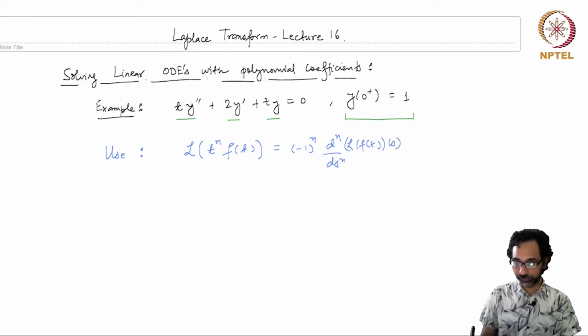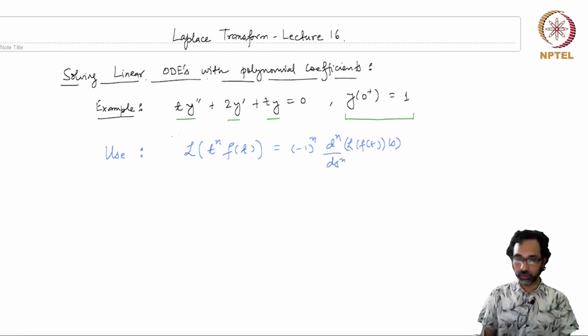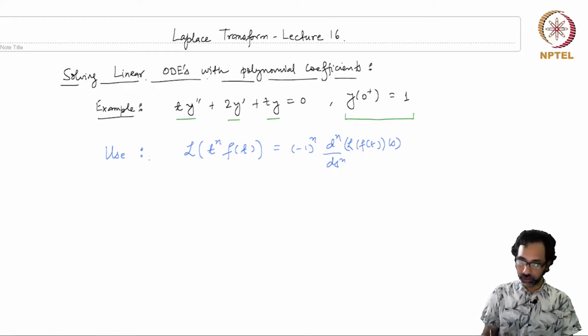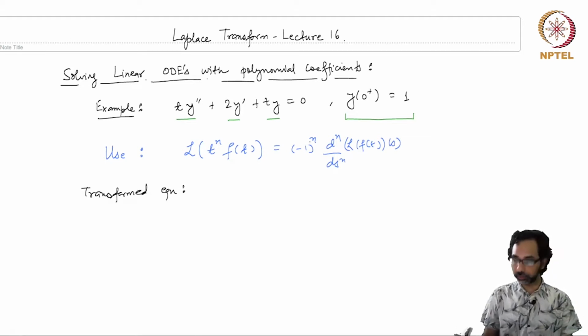We will use this property to solve these kinds of linear ordinary differential equations with polynomial coefficients. So, let us apply this here. We will have the transformed equation, taking Laplace transforms on both sides of the differential equation.